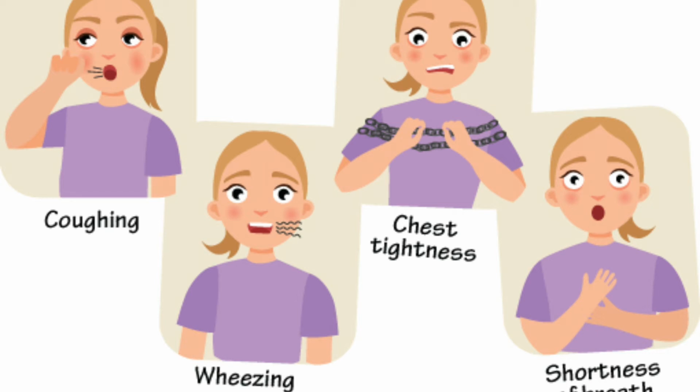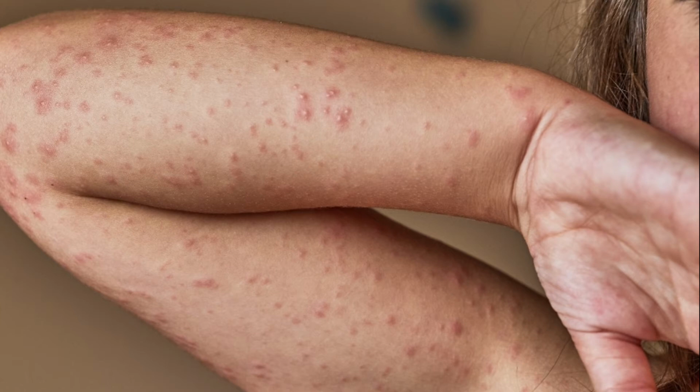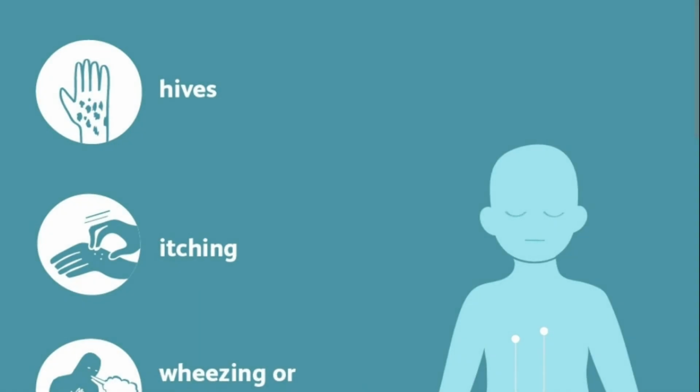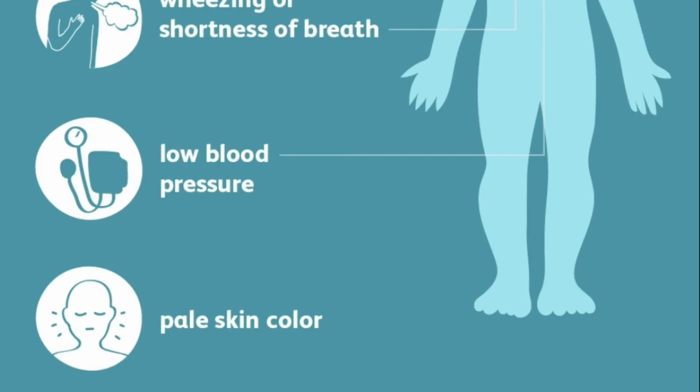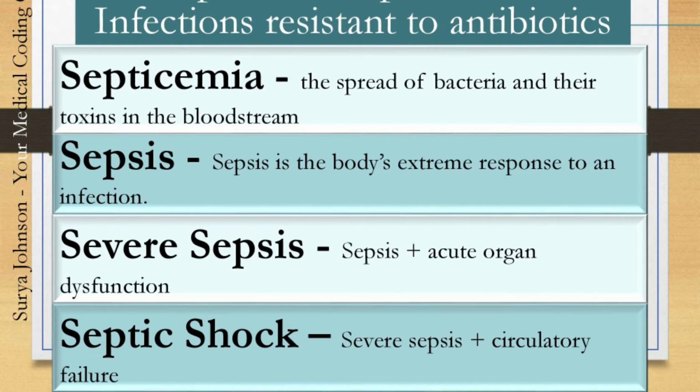Some patients with small food consumption will trigger their hives. They will get too many rashes. Some people might develop high fever. Some people might develop swelling of the eyes, swelling of the face, and some people will develop swellings in the limbs. These are all the body's defense mechanism trying its level best to eliminate that infection from the body. So when the response is extreme, it results in sepsis.